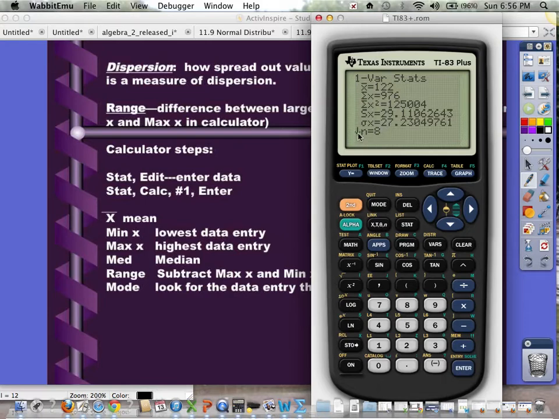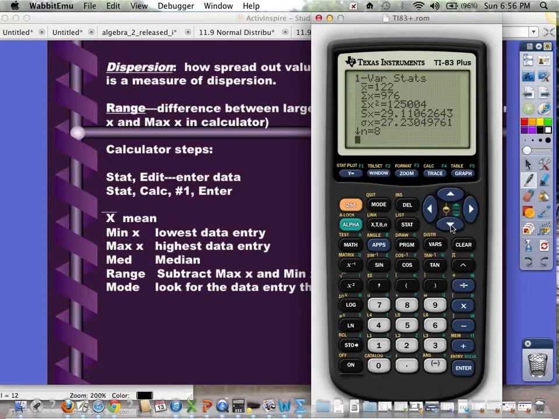It also has an arrow pointing down, which means you can scroll down. Before you scroll down, you're going to want to have this very first number. That x with a little hat on top of it, or x bar, that is the mean. In this case, our mean is 122. That is going to be the very first thing at the top. So x bar means 122, and that is your mean.